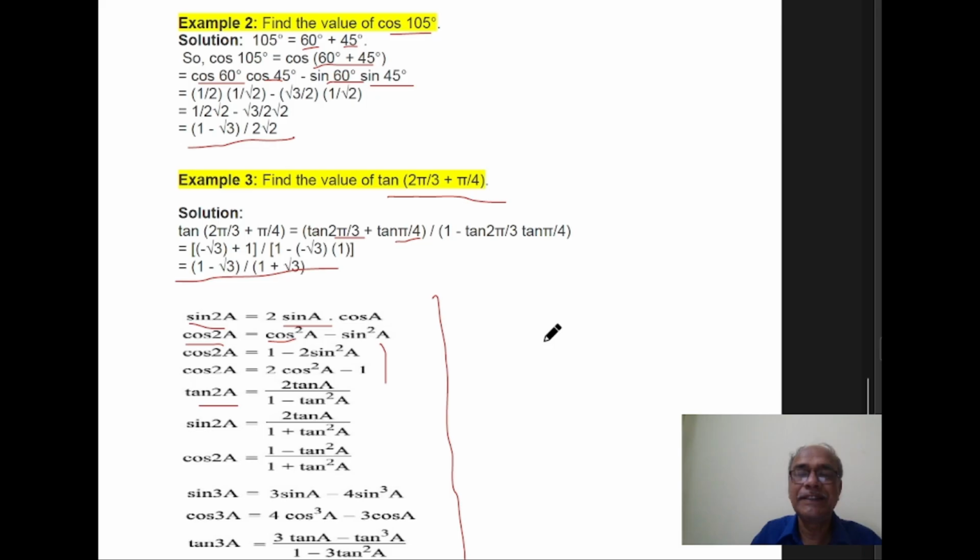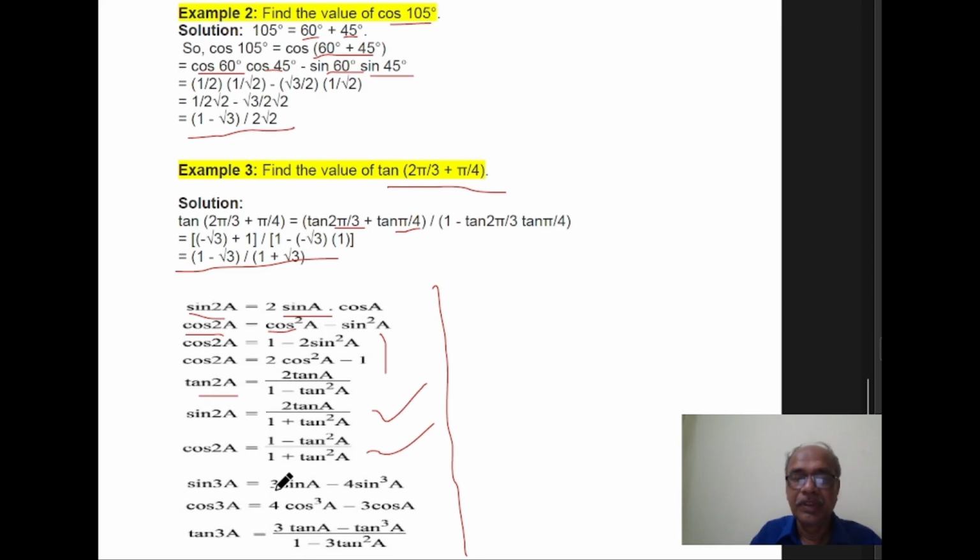So divide by sin square a plus cos square a, and divide the numerator and denominator by cos square a, then we get this value. Similarly, cos 2a equals 1 minus tan square a divided by 1 plus tan square a.